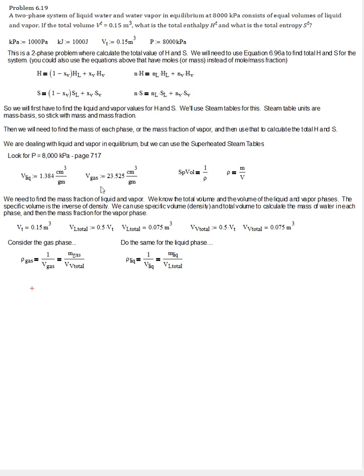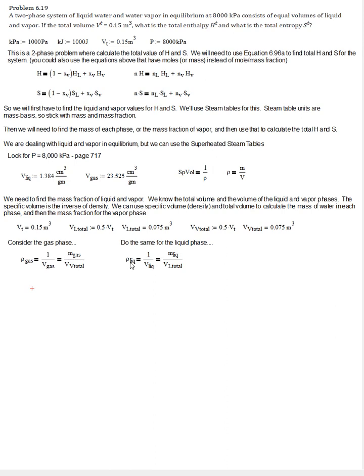And it looks like I'm mixing up my gas and vapor, but you can bear with me. So this is known, and so all we have to do is solve for the mass of the gas phase.